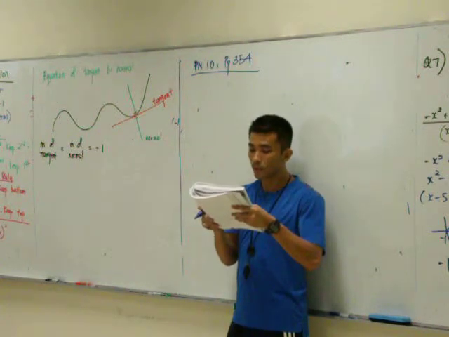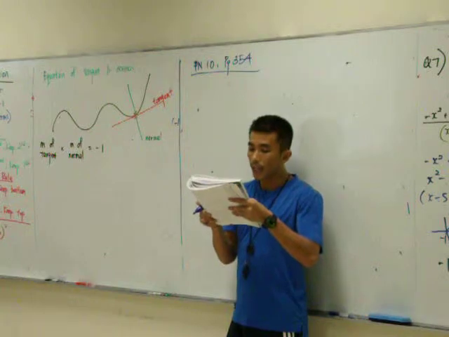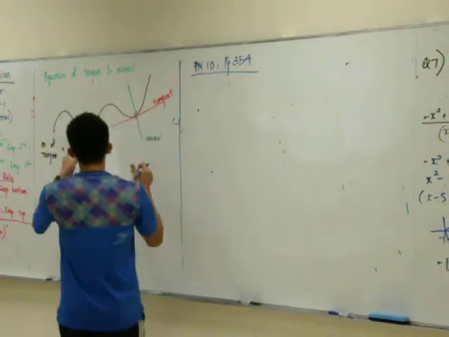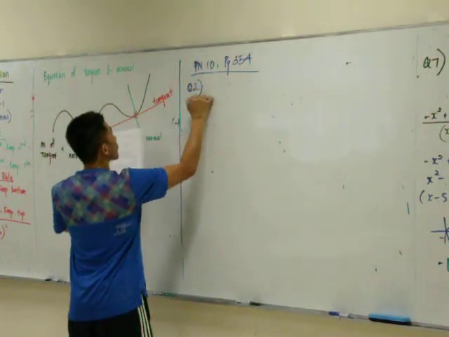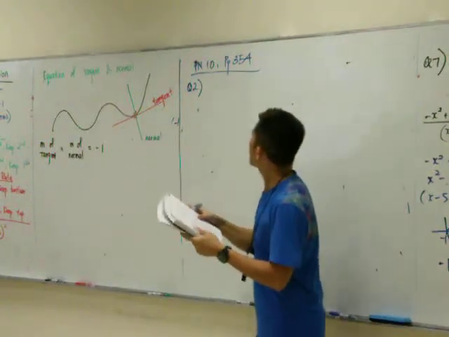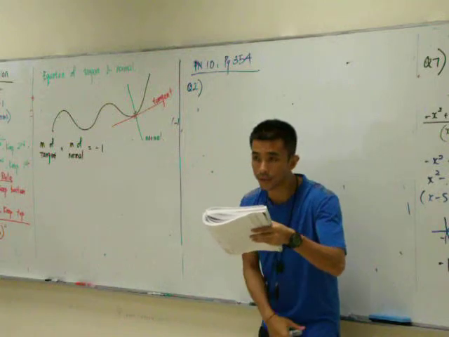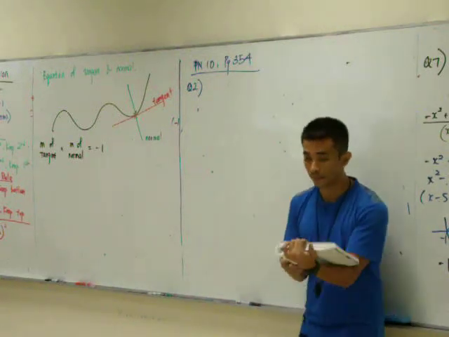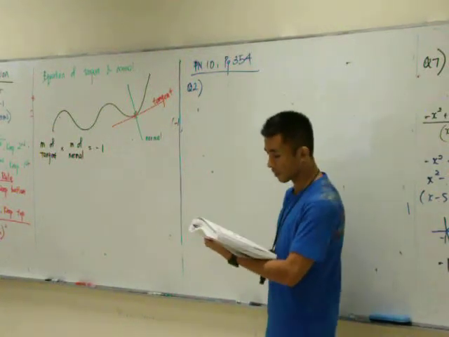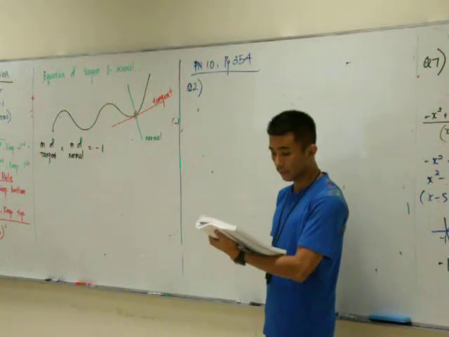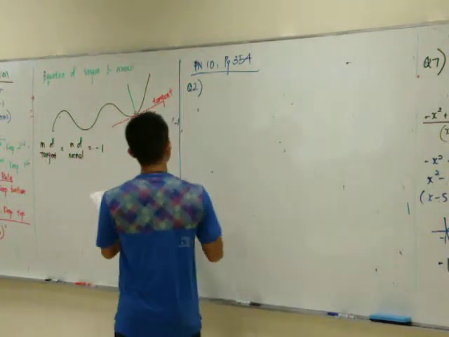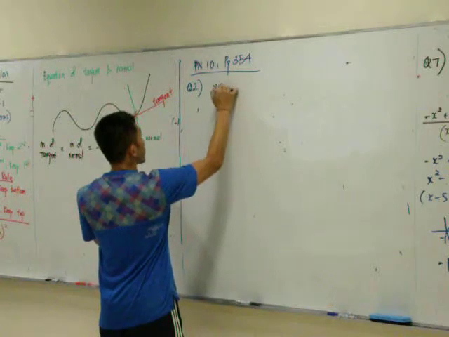Okay, let us take a look at question 2. Page 354, practice now 10. Josiah, can you read the question for us? I cannot hear you, I'm not your girlfriend.